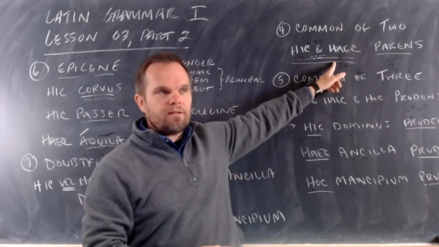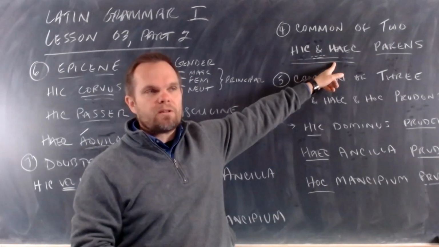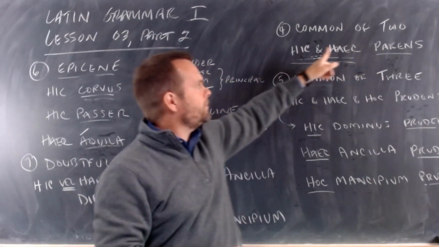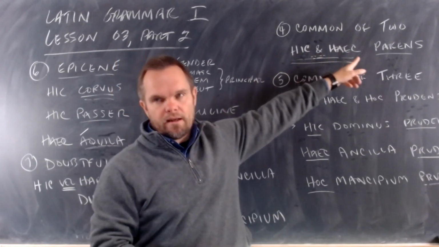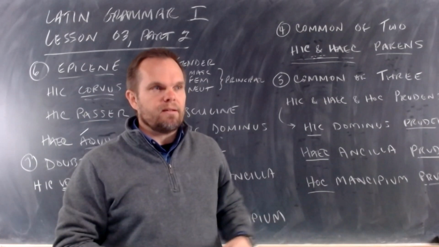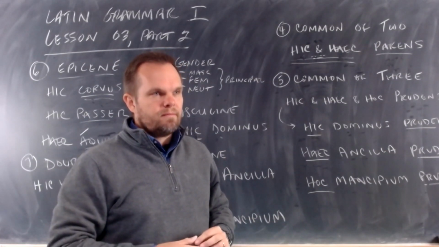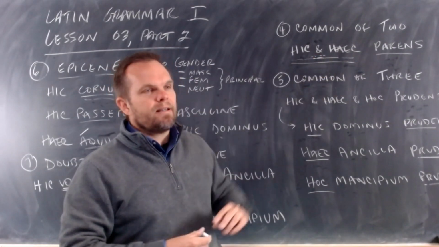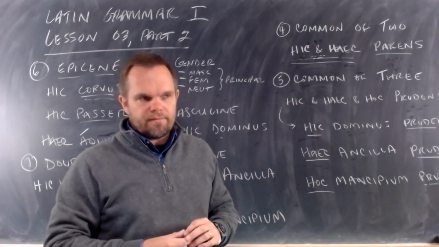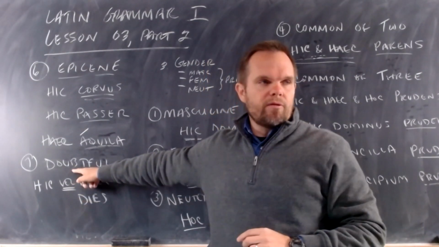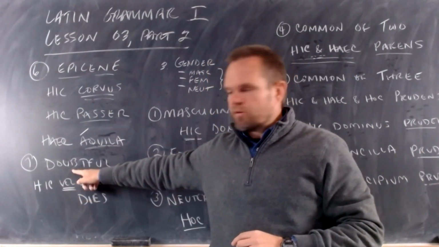Parens is both masculine and feminine. You see that little et sign is actually important. It tells us that parens can be hic et haec. It has both a masculine and a feminine idea. And that little sign is actually very important. Because over here, when we learn the doubtful, look up here, just take a minute from your notes, look up.